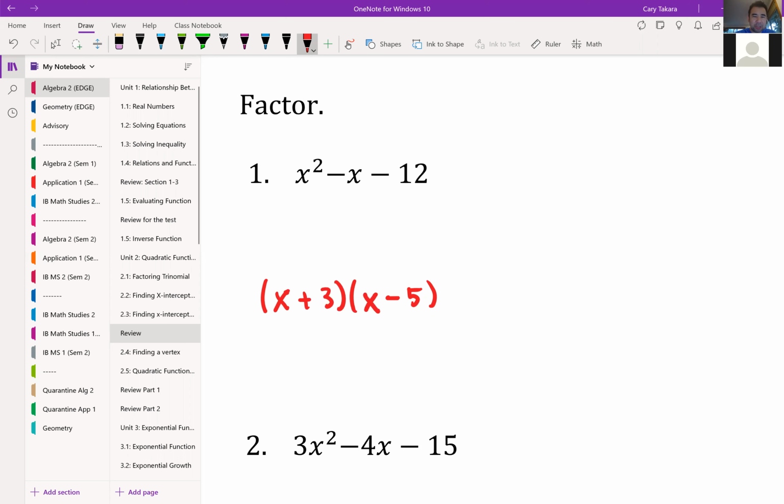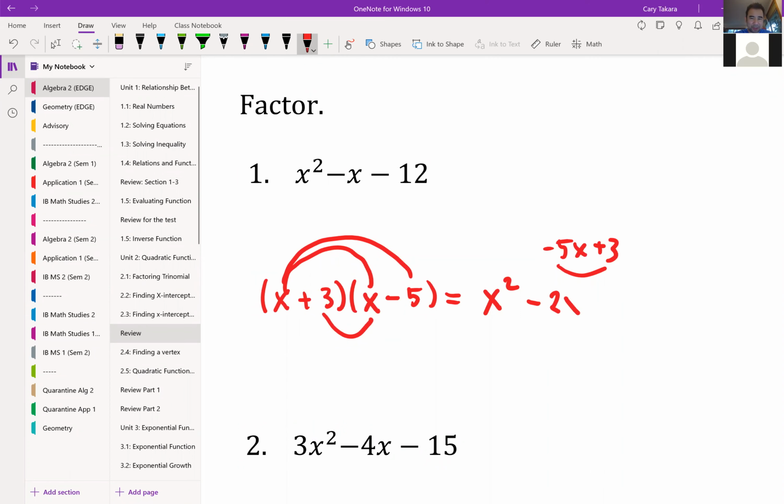When you distribute, you go x times x, right? And you get x squared, right? And then you get negative 5x, and then you get 3x, and that combined is negative 2x. This is a completely different problem, by the way, okay?